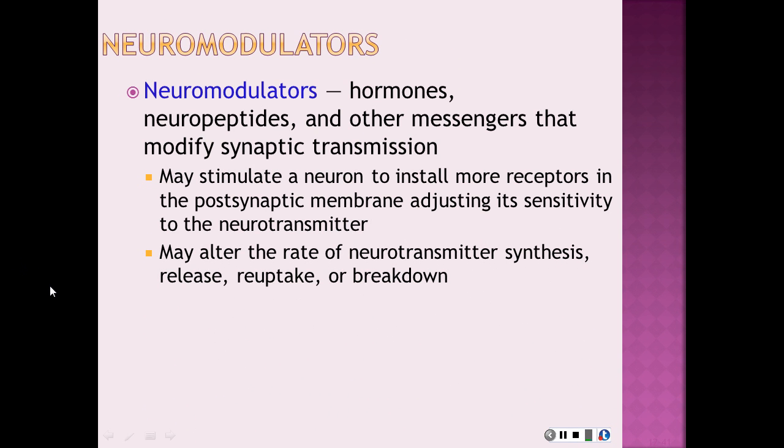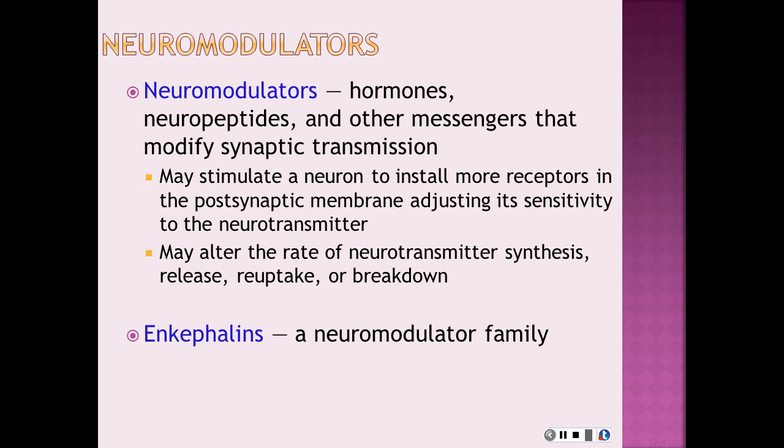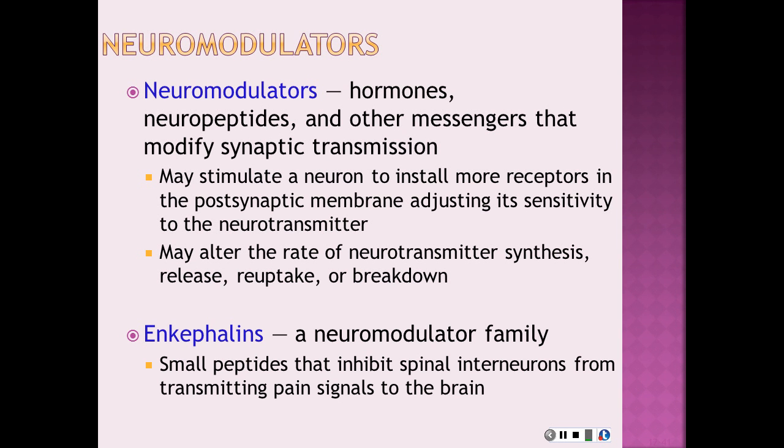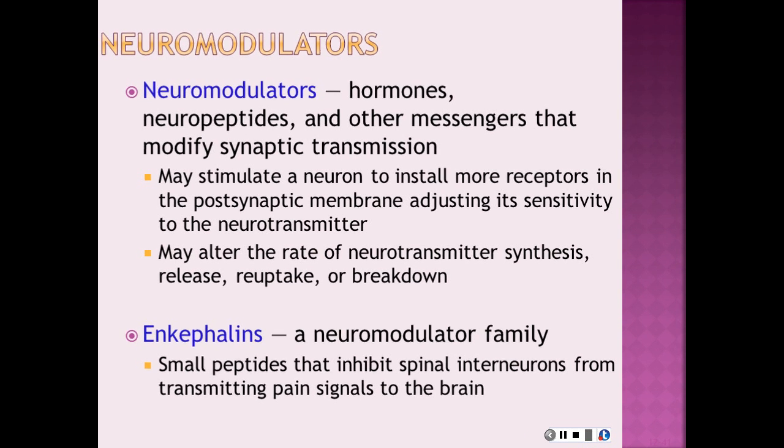They may alter the rate of neurotransmitter synthesis, release, reuptake, as well as breakdown. Enkephalins are also in the neuromodulator family. Those are small peptides that inhibit spinal interneurons from transmitting pain signals to the brain.